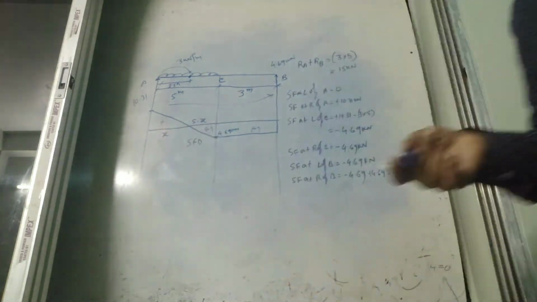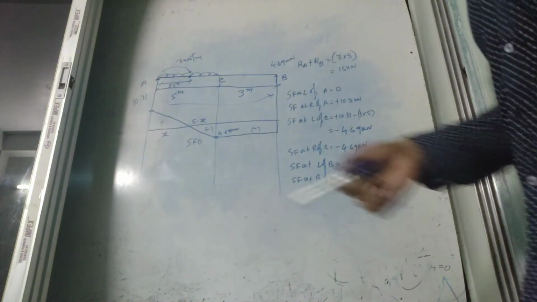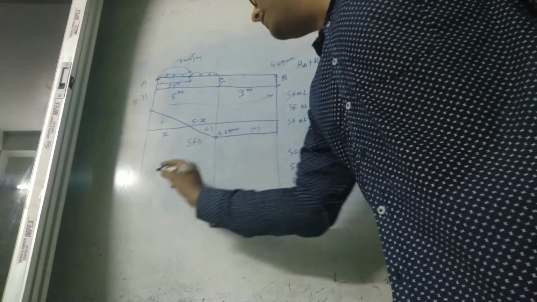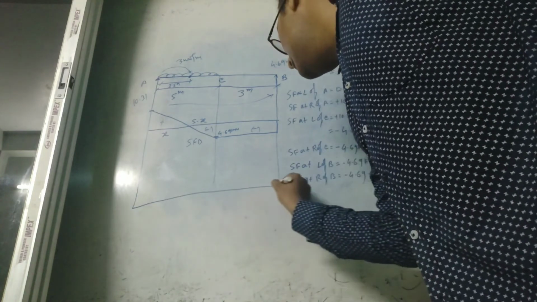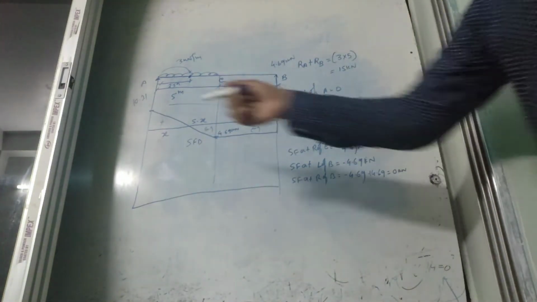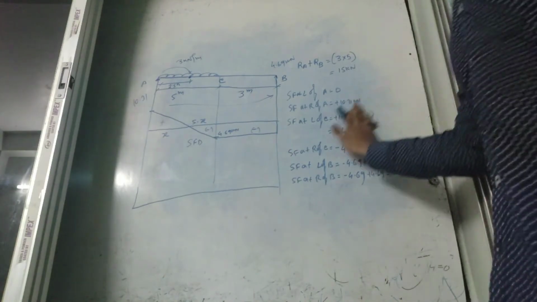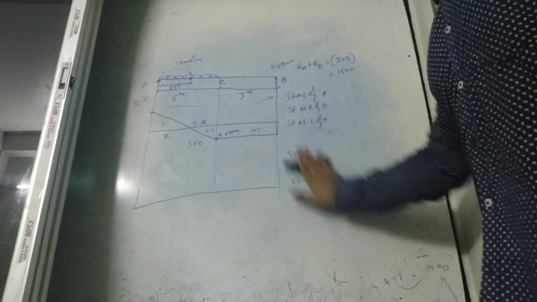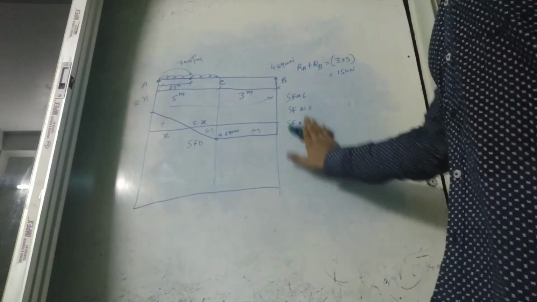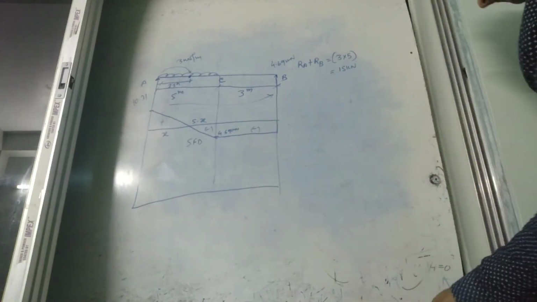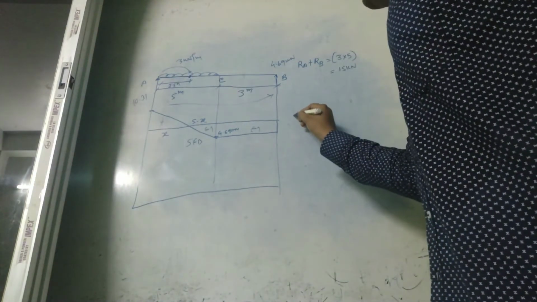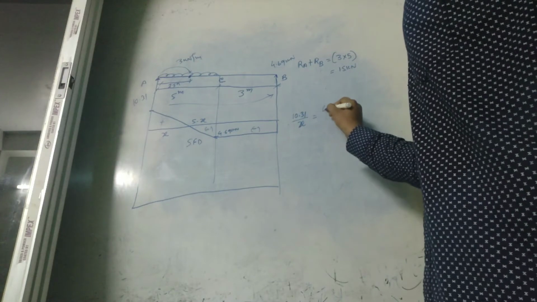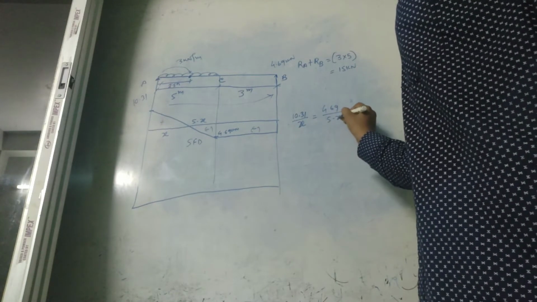This distance is required to calculate bending moment, because I told you that where the shear force changes its sign, the bending moment is maximum. So we need to calculate the maximum bending moment. We need the distance of this point from this side or this side. I will go for the calculation, using the properties of triangle which we studied in junior classes. That is, 10.31 divided by x equals 4.69 divided by 5 minus x.